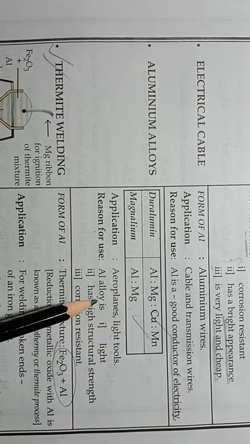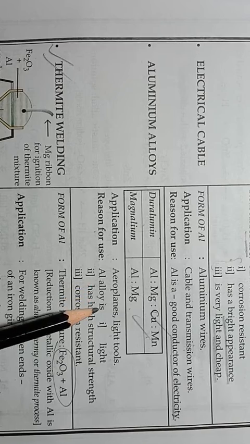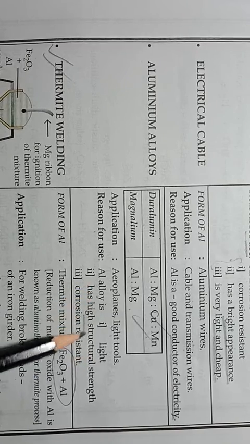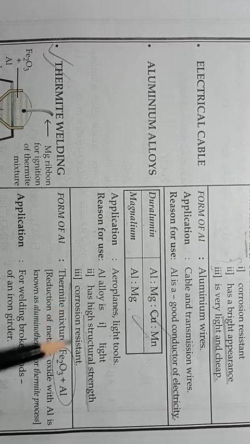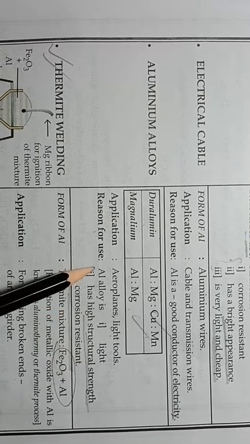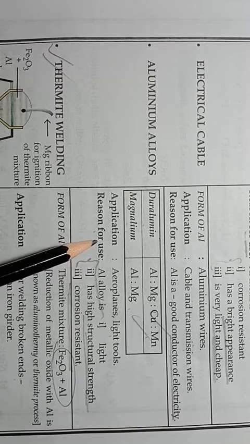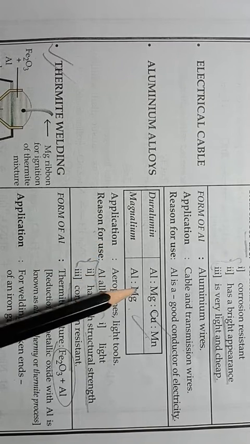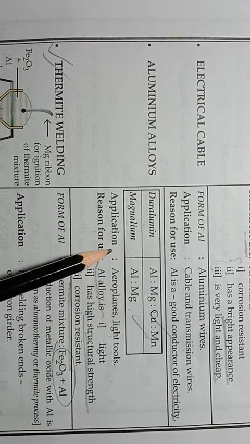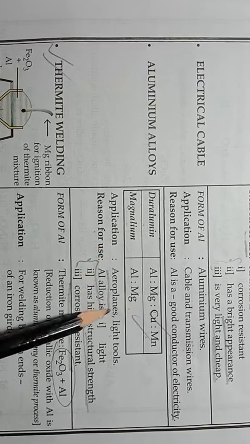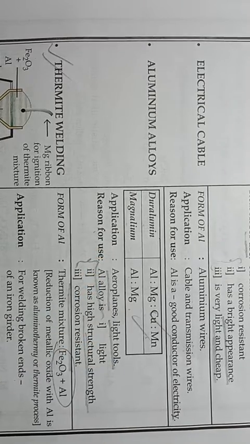Reasons: aluminium alloys are light, have high structural strength and corrosion resistance. So these three are the reasons why we are using aluminium alloys in aeroplanes and for making light tools.